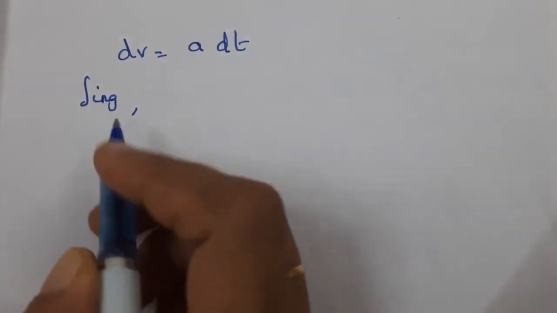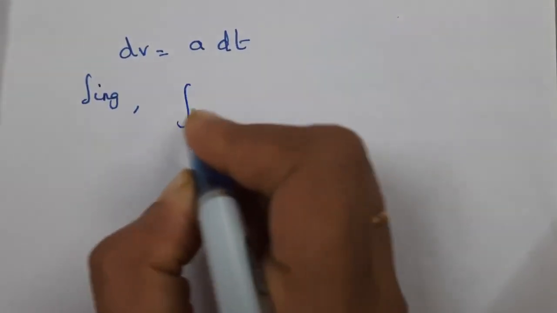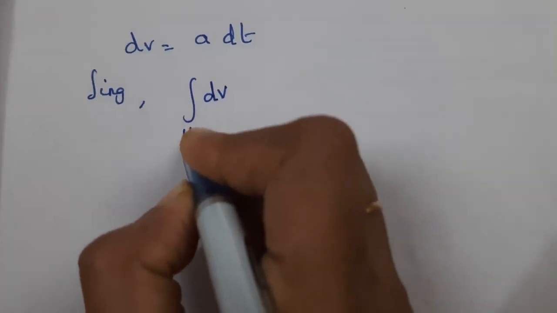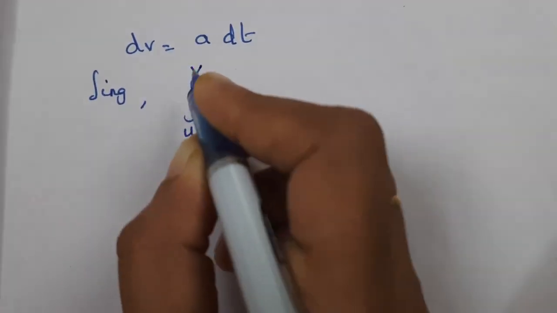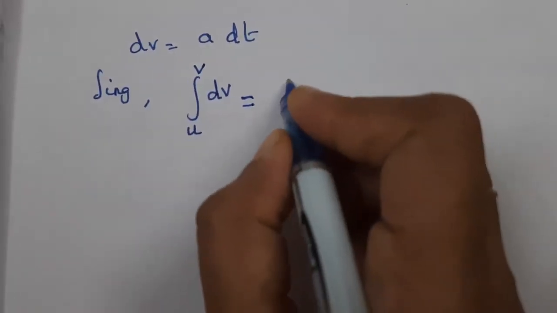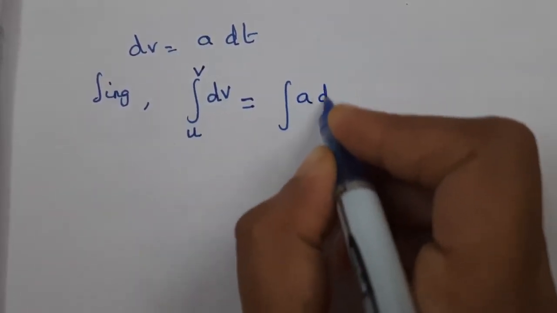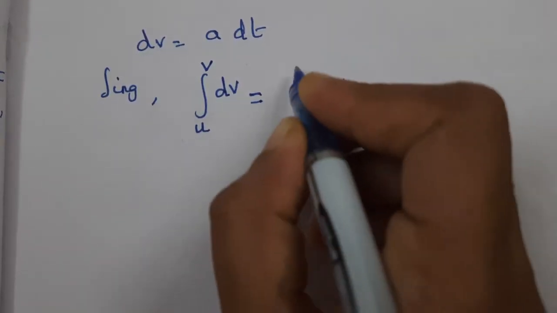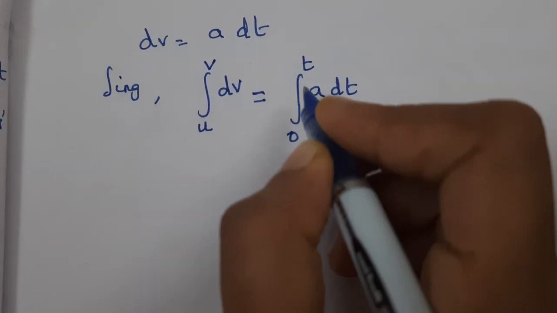So, integrating this equation, integral dv from u to v, as the velocity changes from u to v, is equal to integral a dt from 0 to t with respect to time.